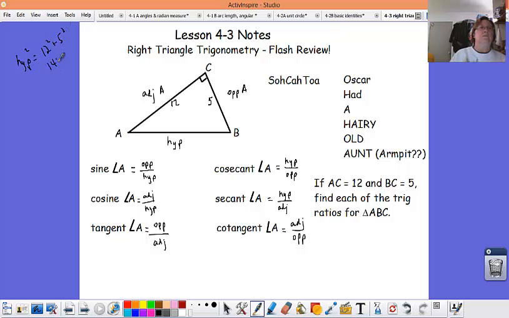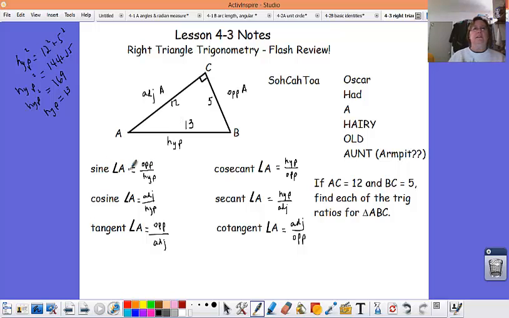That's 144 and 25. Some of you are already there because this is one of the Pythagorean triples that you might remember. 144 and 25 is 169, and that's the square of the hypotenuse, but we don't need it squared, we just need it. So the hypotenuse is the square root of 169, which is 13. And many of you will have remembered that whole 5, 12, 13 ratio.